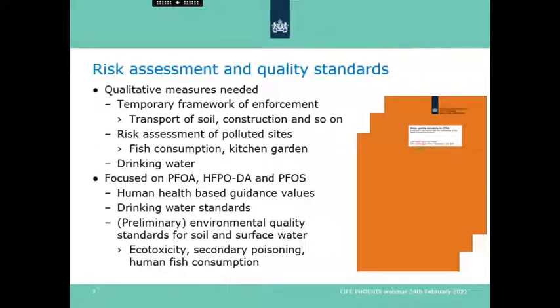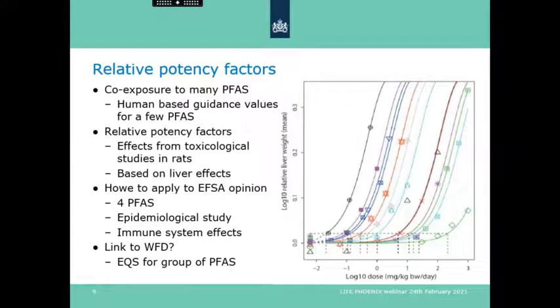So these are documented in a series of reports from RIVM now, which can be retrieved from our website. And there the quality standard derivations are explained. But we now have many chemicals, and not only these 3 PFAS.